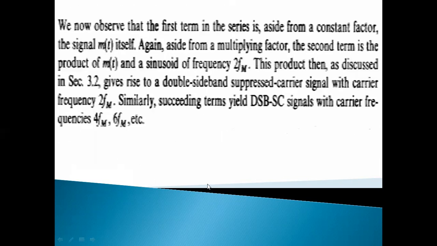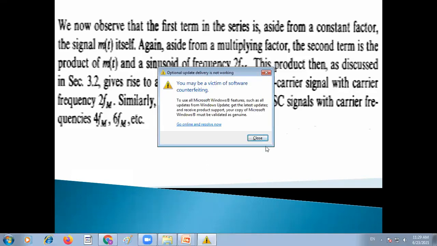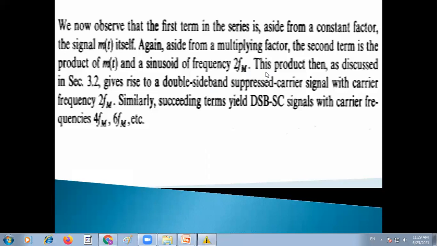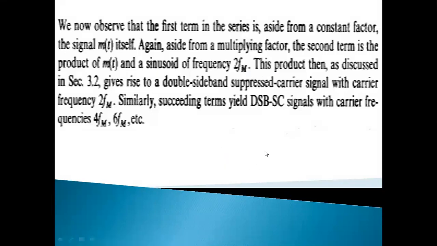Now we observe that the first term is the same as m(t). The second term is m(t) having the frequency 2fm. Why 2fm? fm is the bandwidth, frequency 0 to fm and 0 to -fm, so we consider the spectrum as a two-sided spectrum.